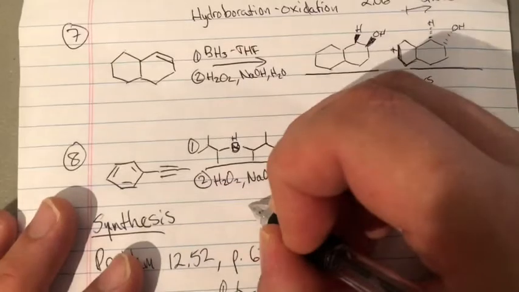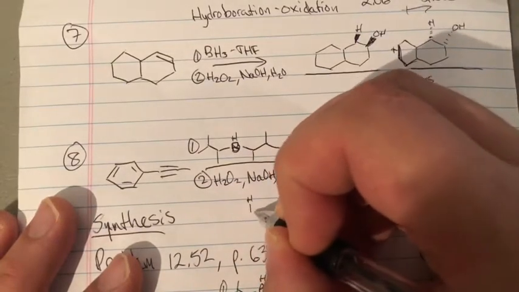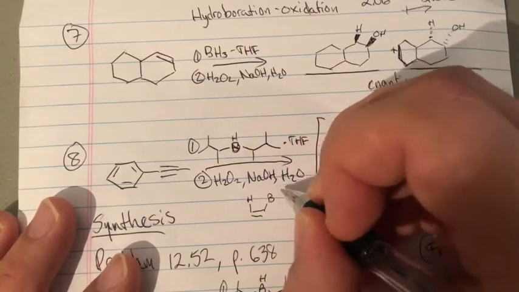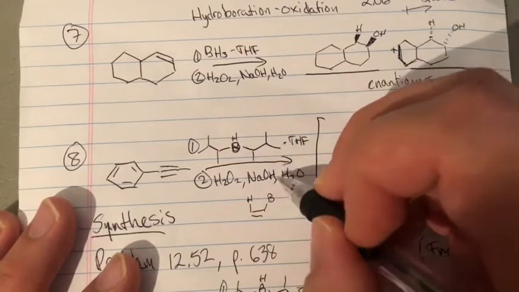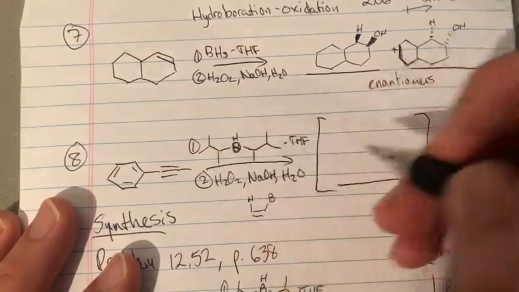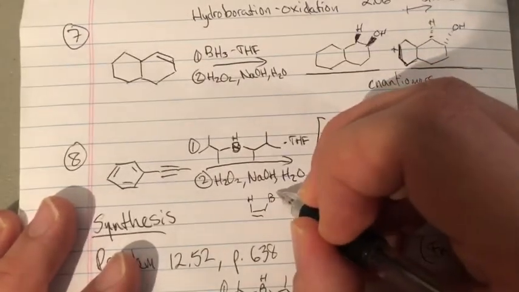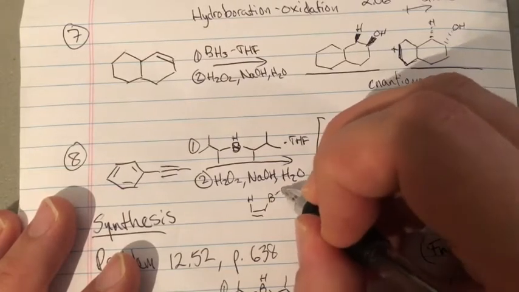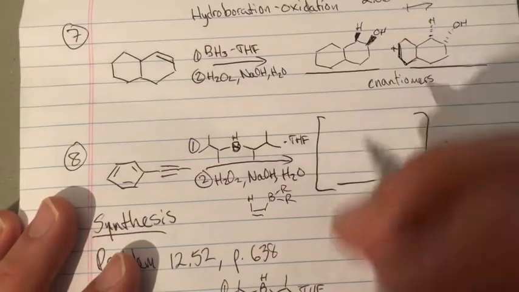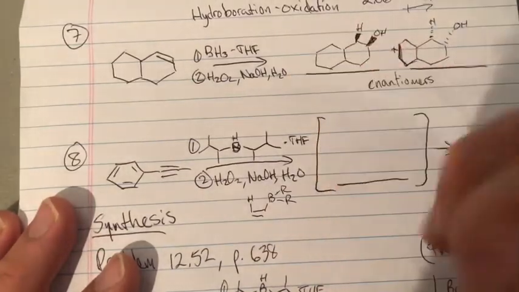So really what you're going to have for an intermediate here is H and then B, whatever, this isoamyl, whatever. I'm just going to write B, R, R, R, R. Good enough for me.